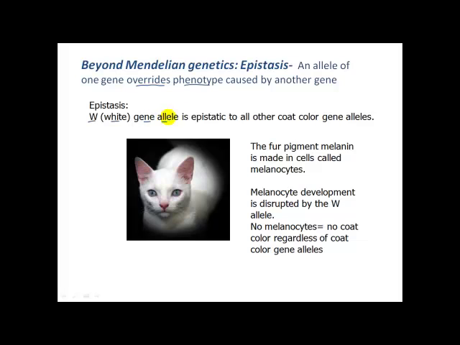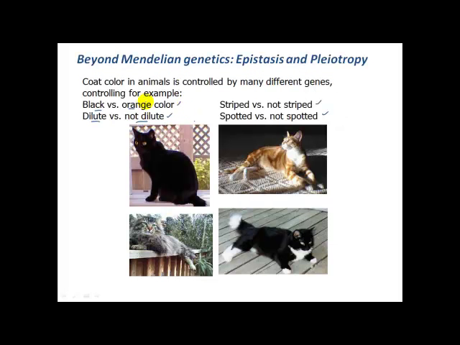So in other words, that previous cat that we just saw, this black cat that had a solid coat, if this cat had inherited this dominant acting W allele at the white gene, it would not be black. Instead, it would be white, right?